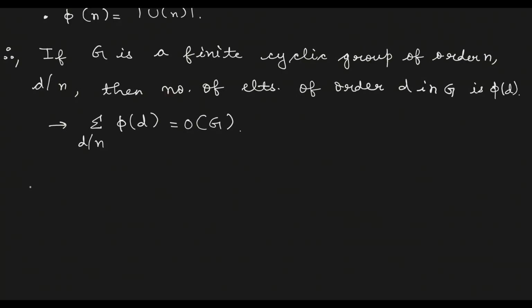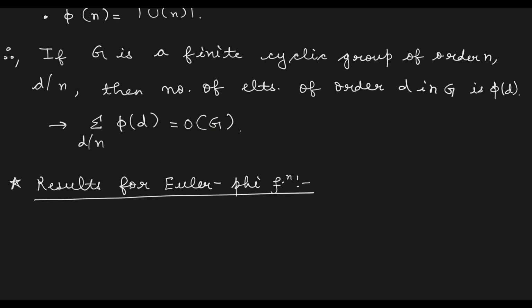Now some results for the Euler phi function. If p is a prime number, then first, phi p is equal to p minus 1.